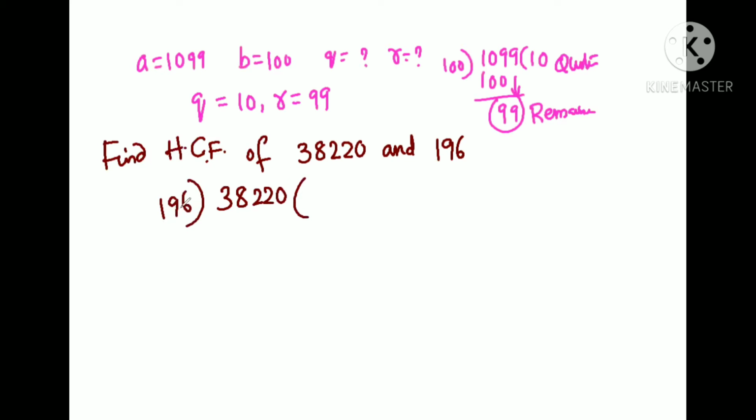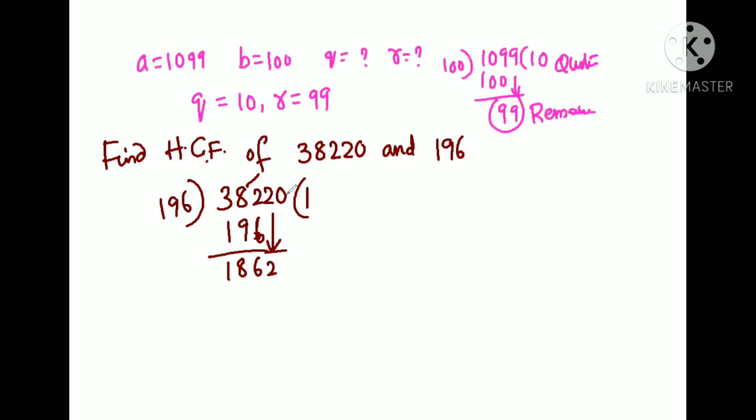Nearly 200. 2 times 196 does not go from 382, so take one time, that is 196. Subtract: 12 minus 6, 17 minus 9 is 8, and here 1. Now bring down 2. Don't write it as remainder and don't take this as dividend. You have to continue this process until you get the remainder.